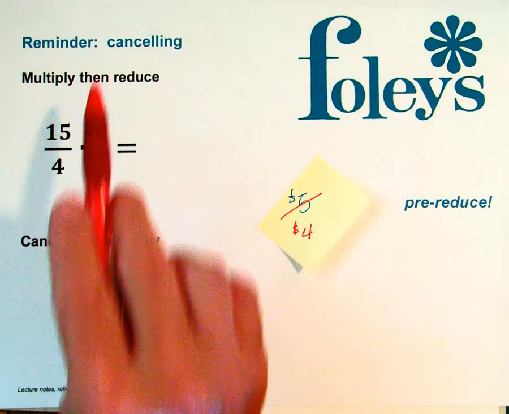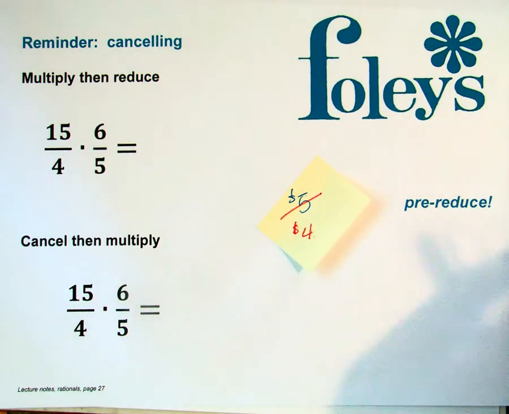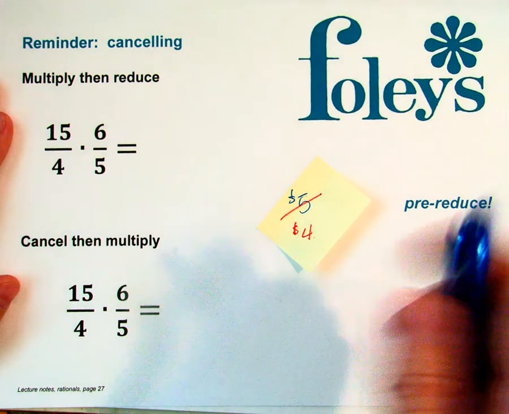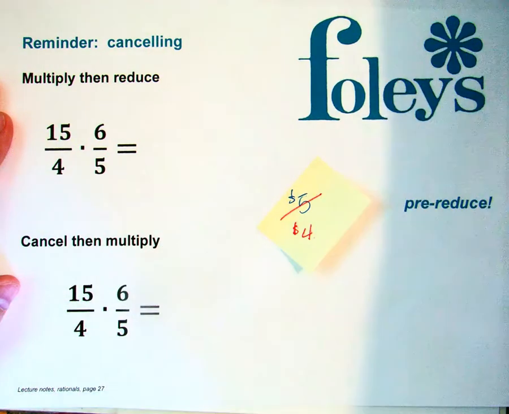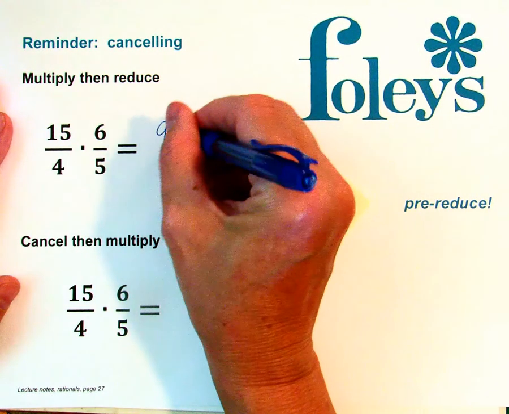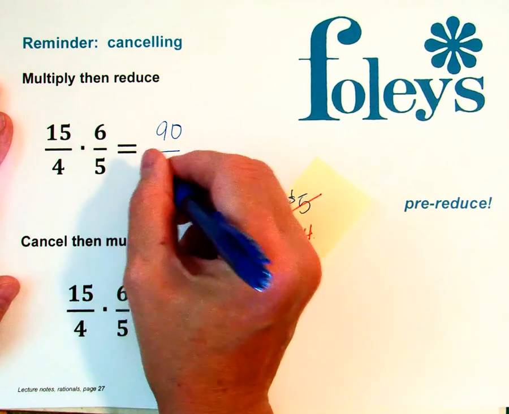Now, we don't call it pre-reduce. When we're multiplying, we call it canceling. How do we do that? Remember, you multiply the top times the top, put it on the top, bottom times the bottom, put it on the bottom, and you have to get rid of any common factors. So how would you normally do this without canceling? You would say 6 times 15 is 90, over 4 times 5 is 20.